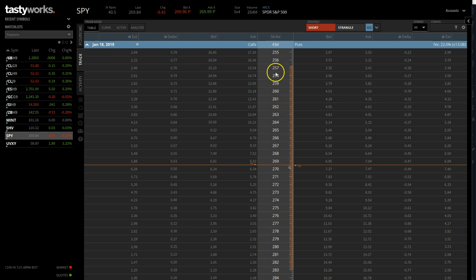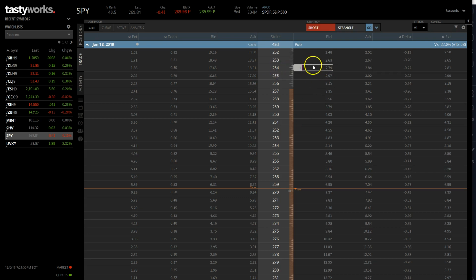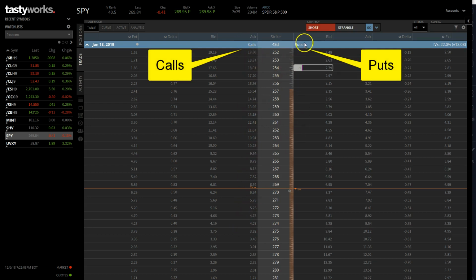So which one to choose, I'm going to be talking about that, but first, this is the one that I got, the 254, and you can see here is my position. And on the left side, all these are calls. You can see here, calls, and on the right side, all of these are puts.